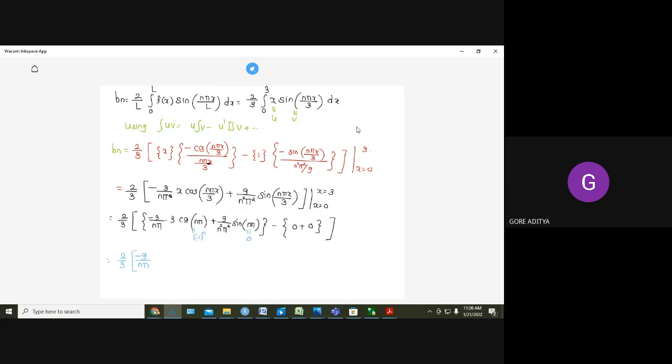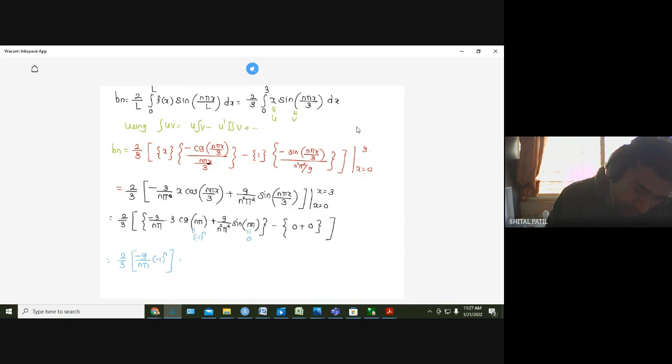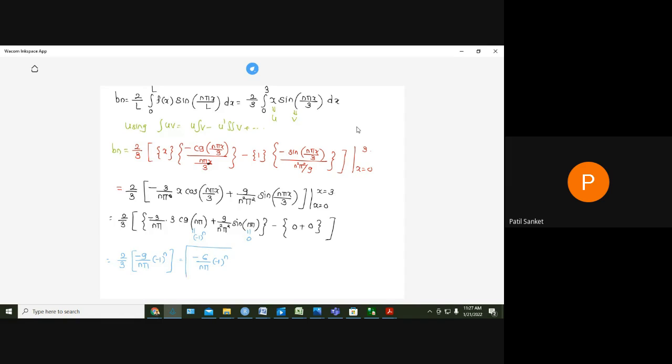Bn is equal to minus 6 times minus 1 raised to n upon n pi. Now substitute that in equation number 1.